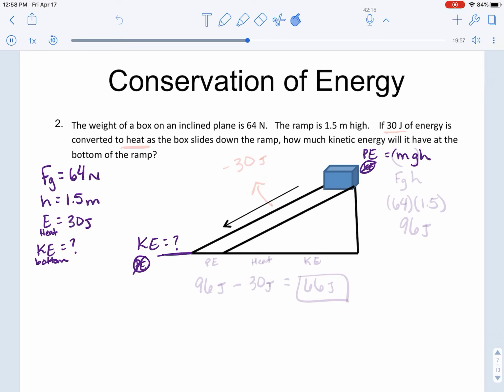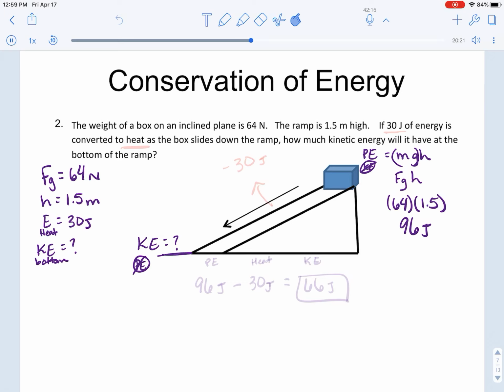Hopefully you guys have not forgotten that mass times gravity is how you calculate the weight of your object. So for this question, we are going to simply take my 64 times 1.5, and that gives me 96 joules.